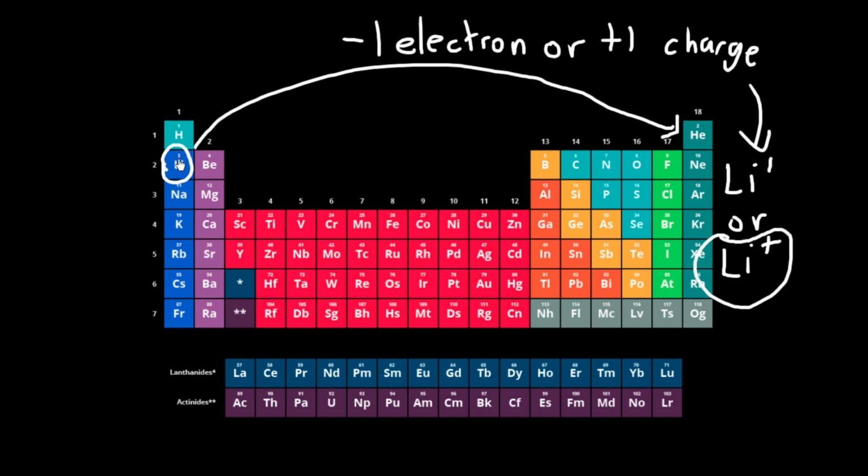So lithium has 3, and the closest noble gas to it is helium, which has 2. So to have 2 electrons, if lithium has 3, it would need to lose 1. But since electrons are negatively charged, if you lose an electron, you're actually going to go up 1 in charge. And so the lithium ion is basically going to be Li 1 plus, or sorry, Li plus.